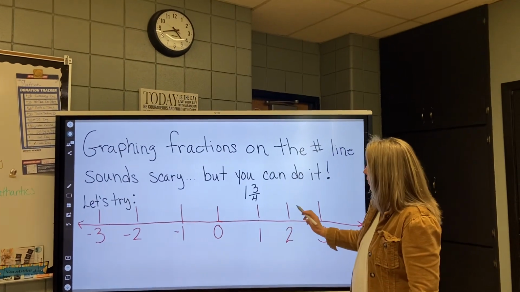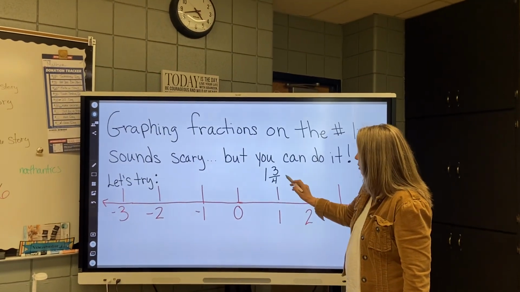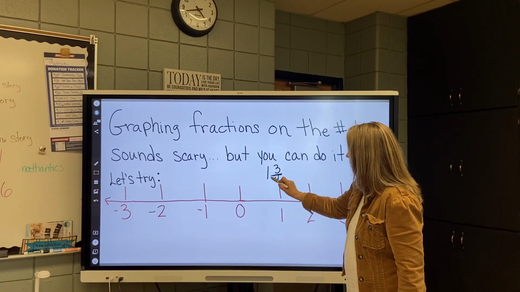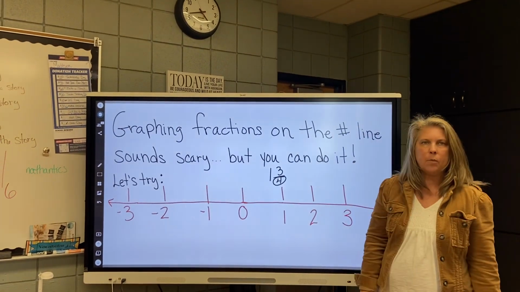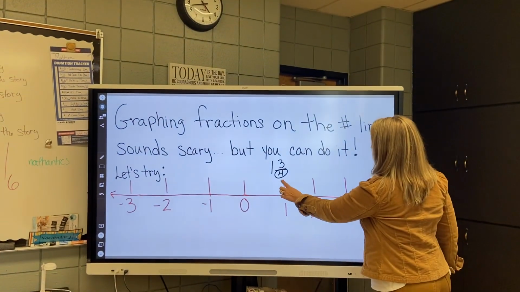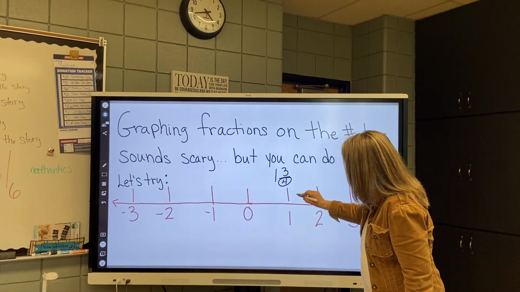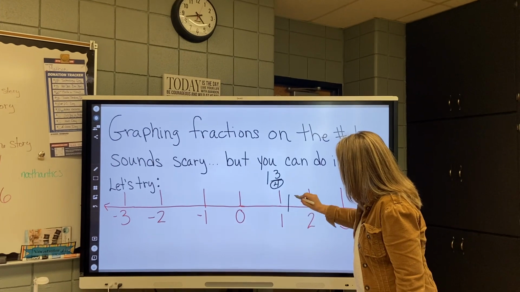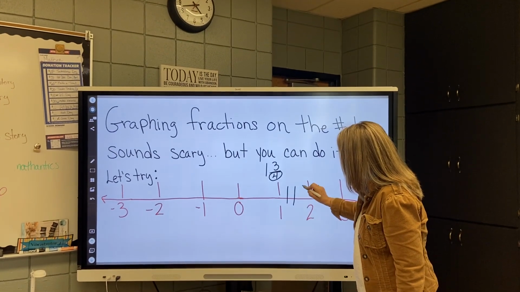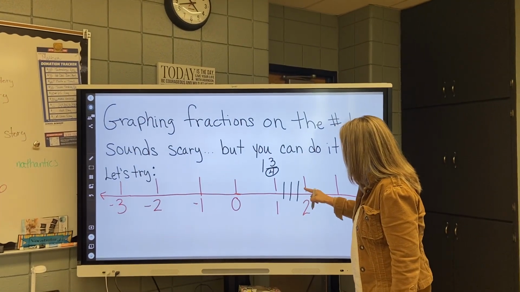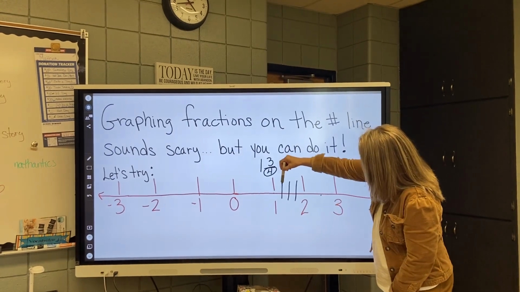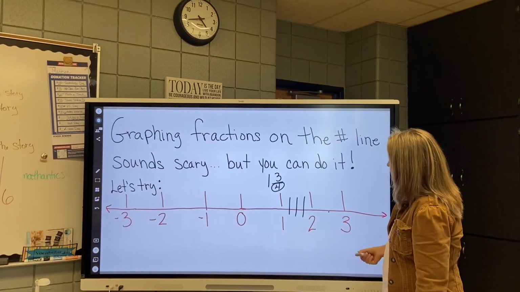When I'm graphing my fraction, I look at my denominator, my number 4. That's how many spaces I want between the 1 and the 2. So I want 1 space, 2, 3, 4. Do you see where I have 1, 2, 3, 4 spaces?